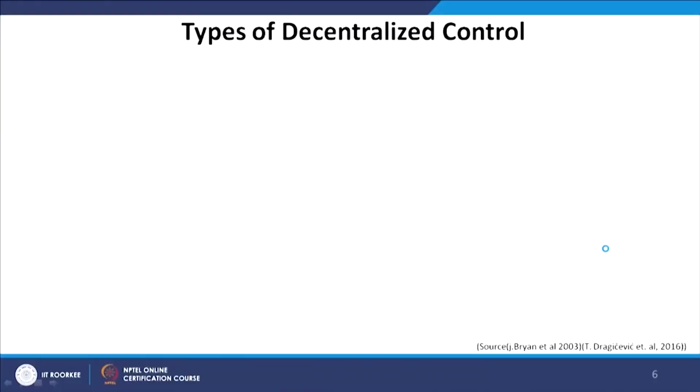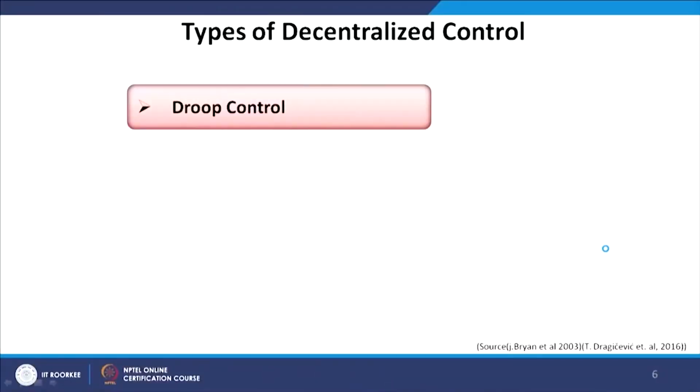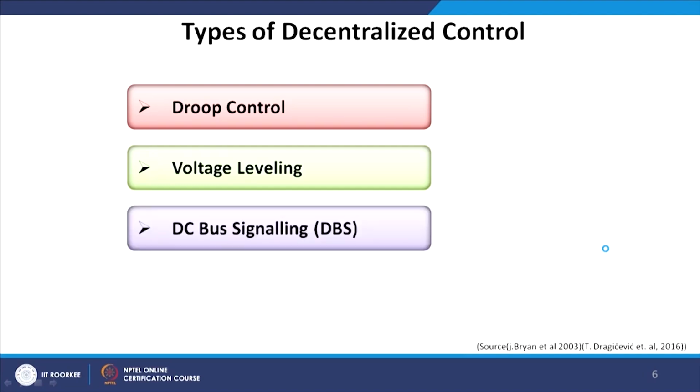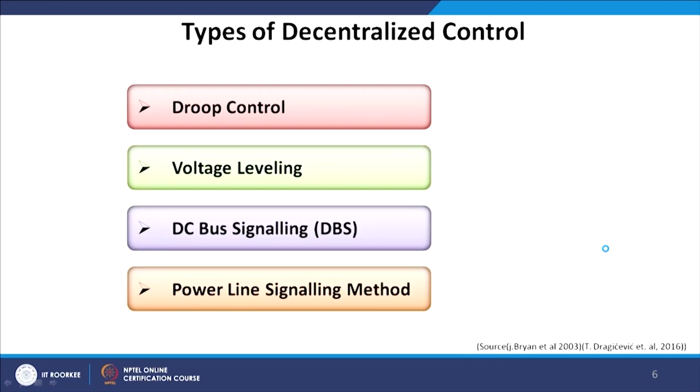Now, there are different types of decentralized control. We talked about decentralized control, centralized control, and distributed control, and now we will see what schemes are available under the heading of decentralized control. One of the very commonly established decentralized controls is droop control, voltage leveling control, DC bus signaling, and the power line signaling method.